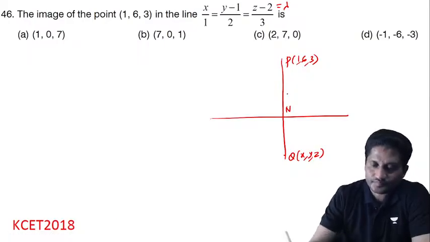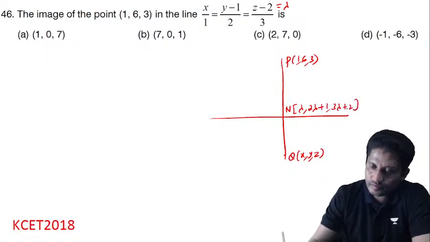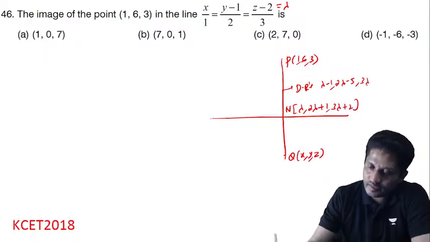Okay, now a general point on the line will be lambda, 2 lambda plus 1, 3 lambda plus 2. This is the general point on the line. DRs of this line will be lambda minus 1, 2 lambda minus 5, 3 lambda minus 1.